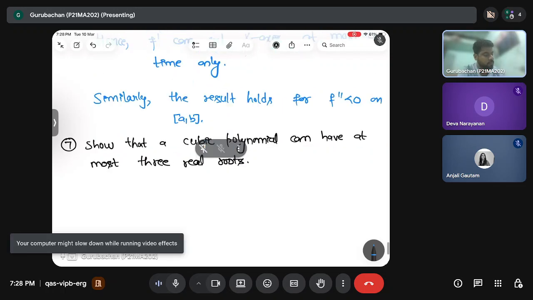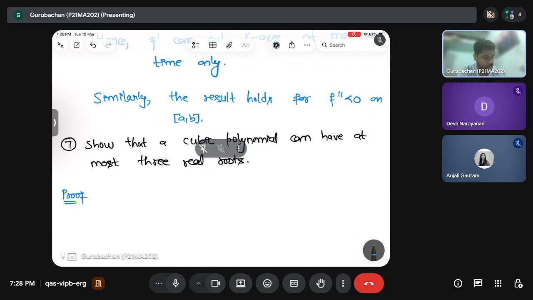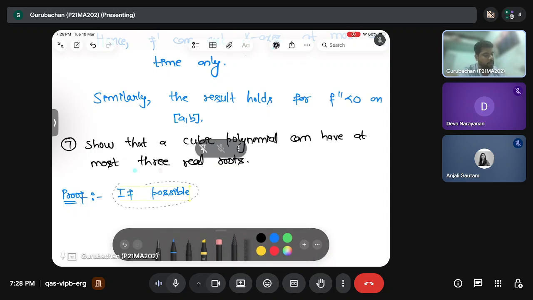So let us discuss this one. Since we want to show that there exist at most three real roots, so if possible, for that let us define the polynomial.